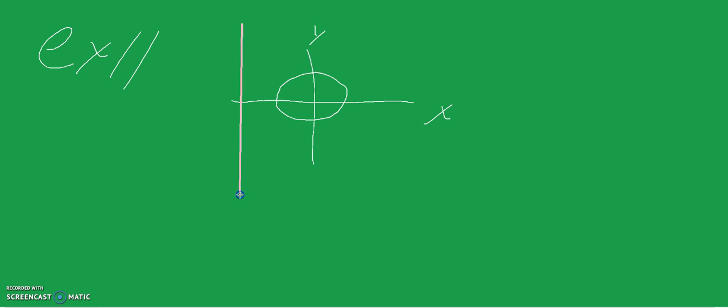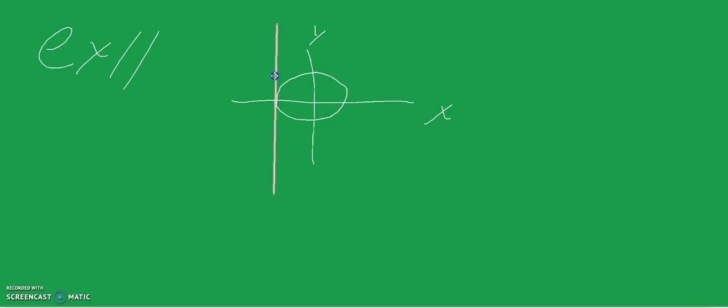Alright, so for this next example, I'm going to make my graph a circle. I'm going to take my line, make it as vertical as I can, and move it across my graph.